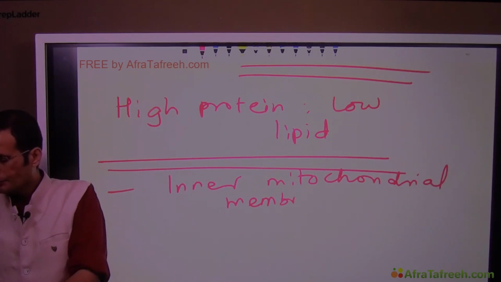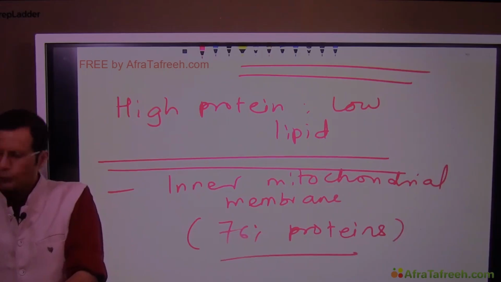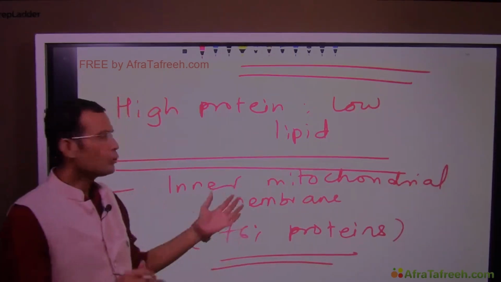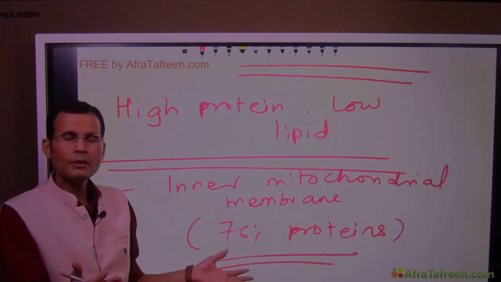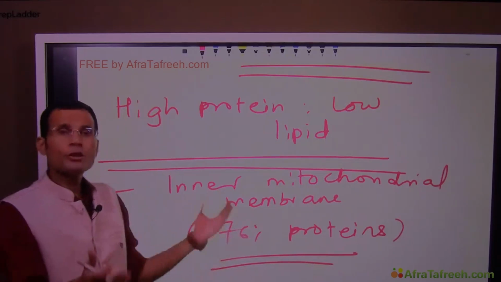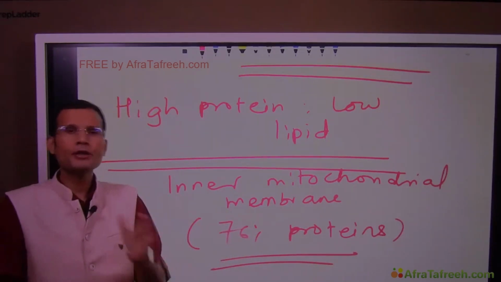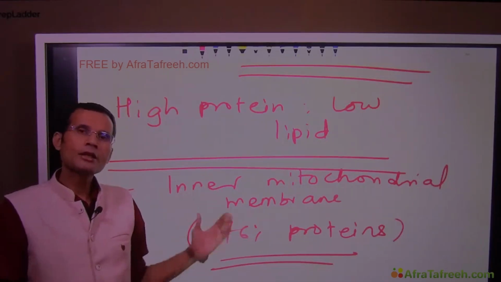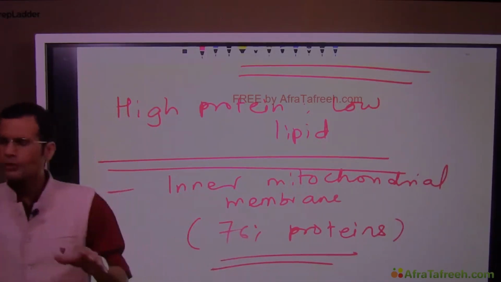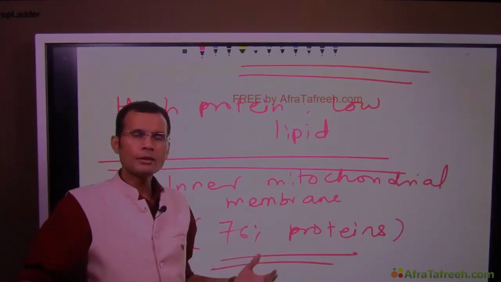This has the ratio reversed. It contains 76% proteins. That will be easy to remember because all those enzymes in the mitochondrial membrane are all proteins. And remember, therefore, the highest protein concentration is in the inner mitochondrial membrane. We are talking about all membranes in the body.